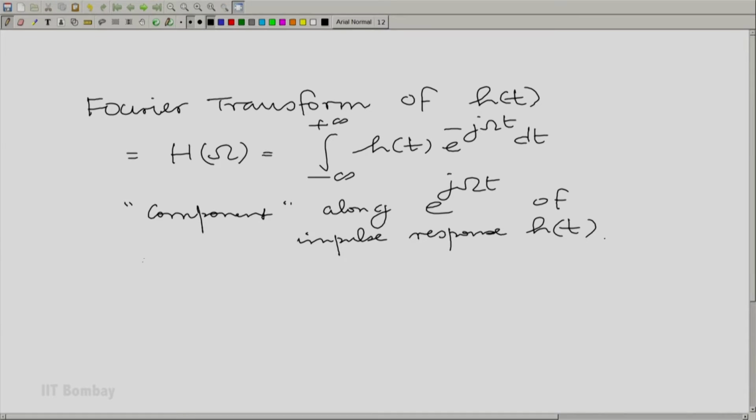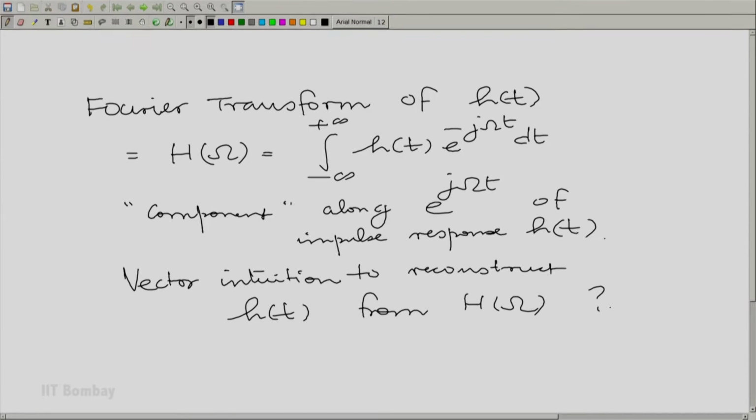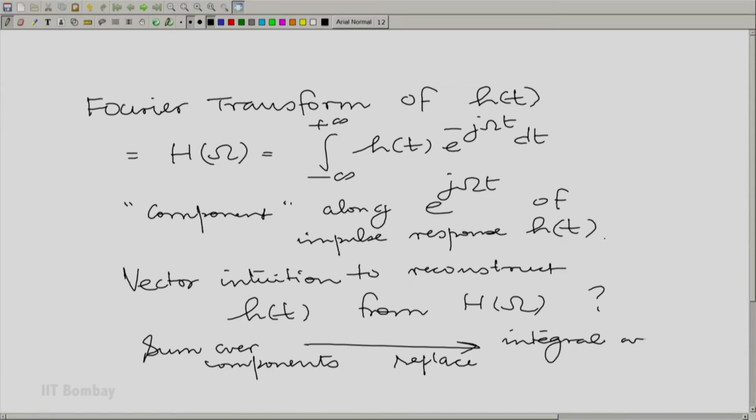We were asking, can we use vector intuition to reconstruct h(t) from H(omega)? And we expect essentially that you would have to do a sum replaced by an integral. So, sum over components needs to be replaced by integral over components.